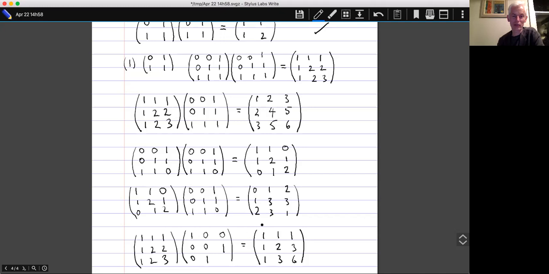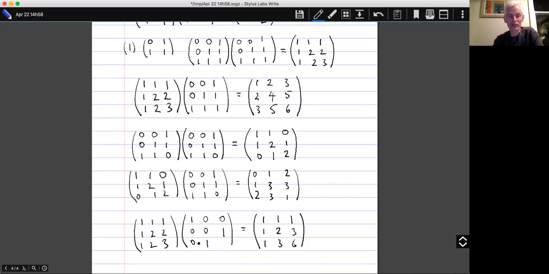To get that 1 on 1, we just have to take one of those and 0 of those and 0 of those. So that gives me 1, 0, 0. And to get this 1, 2, 3, I have to take none of those, and 1 of those. And yet somehow to get 1, 3, 6, this matrix ought to be symmetric.